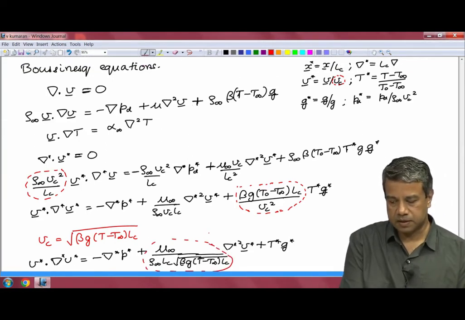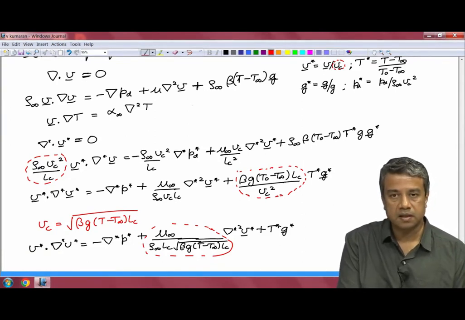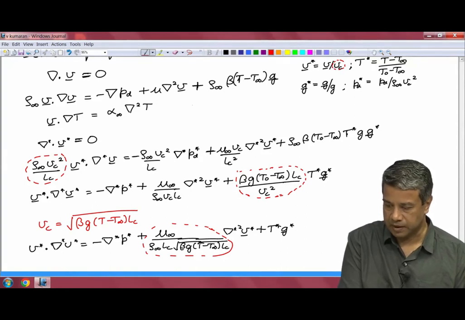This is a dimensionless group which is defined based upon the characteristic velocity and the characteristic length. It is an inverse of a Reynolds number.